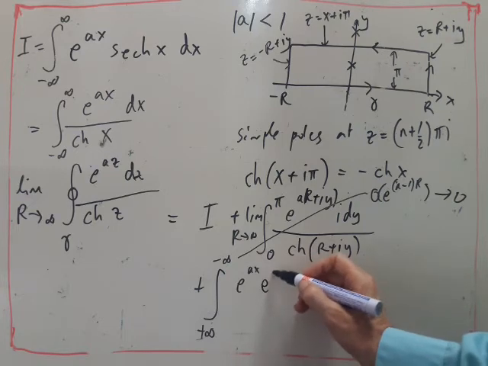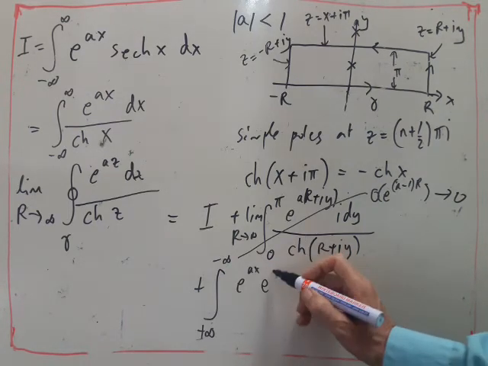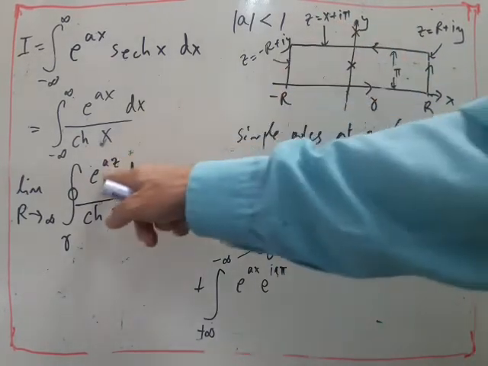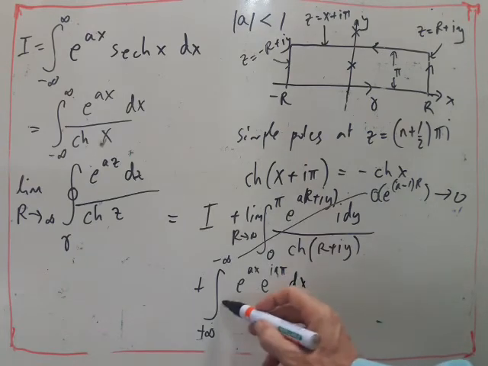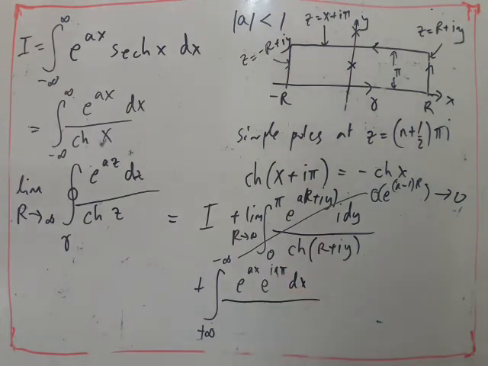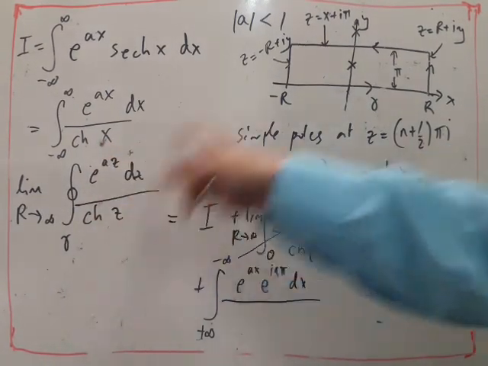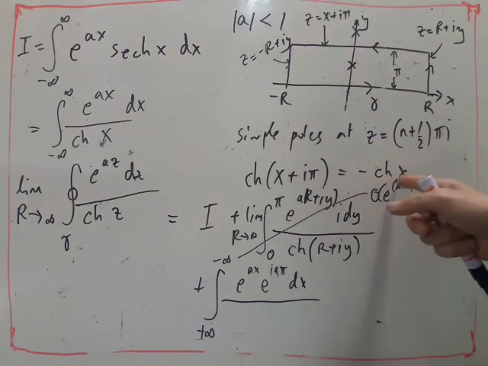so we've got an extra e to the I a pi coming along from this. We substitute in here. It's dx, and cosh of x plus I pi, we've already said, is just equal to minus cosh x.